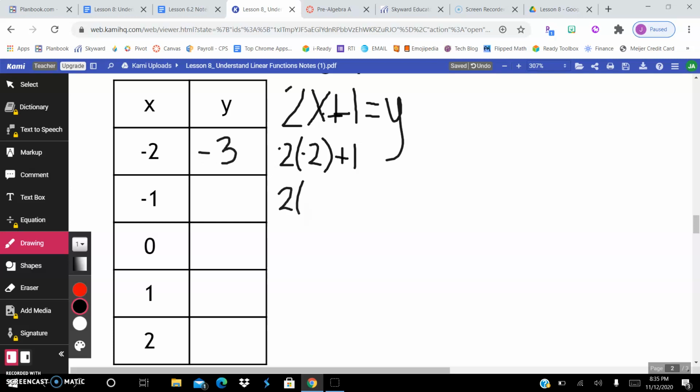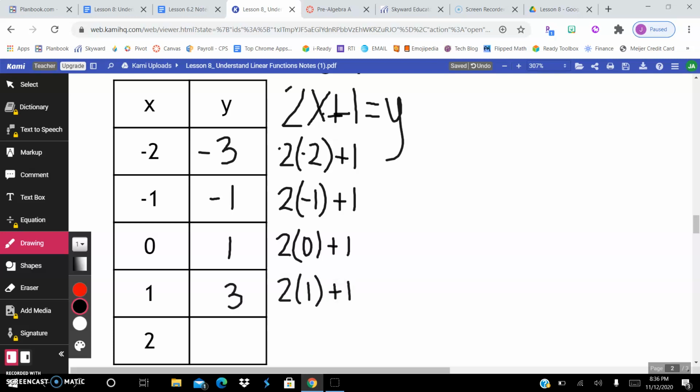And then we're going to do 2 times -1 plus 1. So that would be -2 plus 1, which would be -1. 2 times 0 is 0, plus 1 would be 1. 2 times 1 plus 1 would be 3. And 2 times 2 plus 1 would be 5.